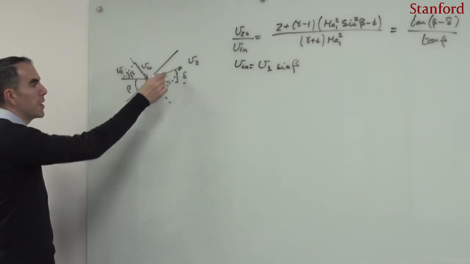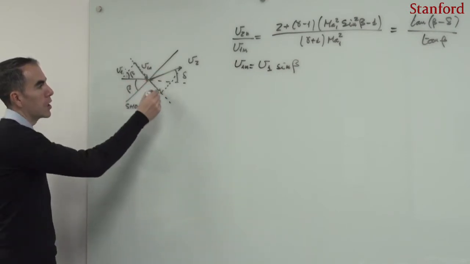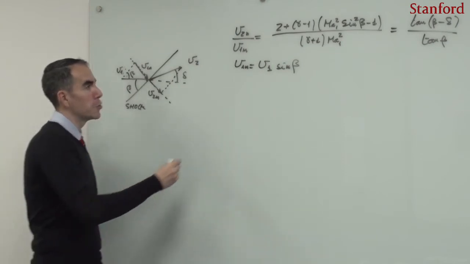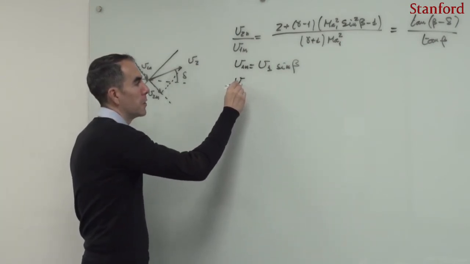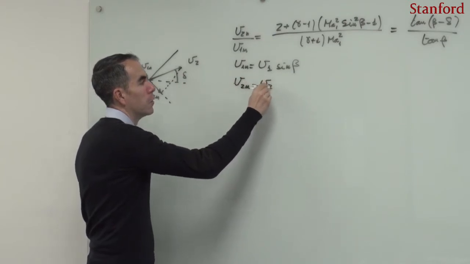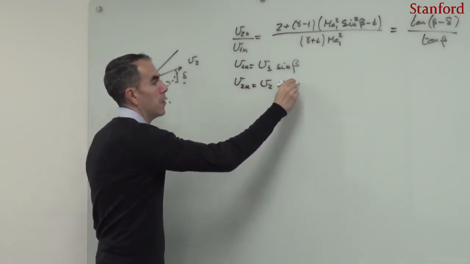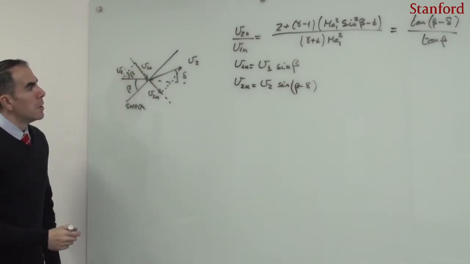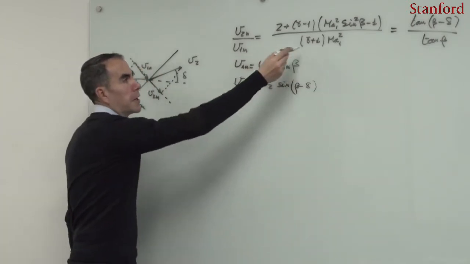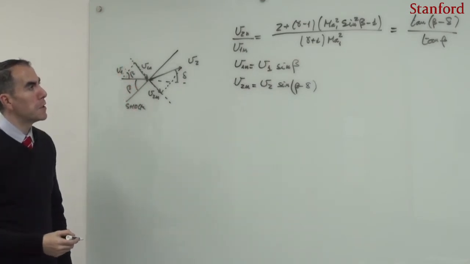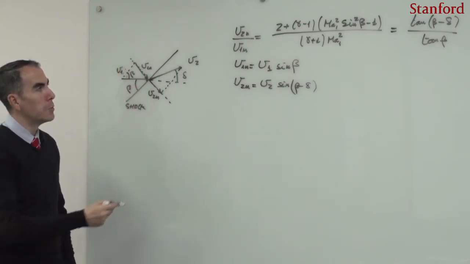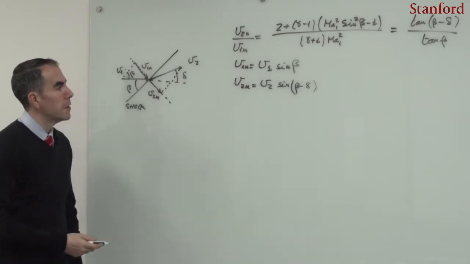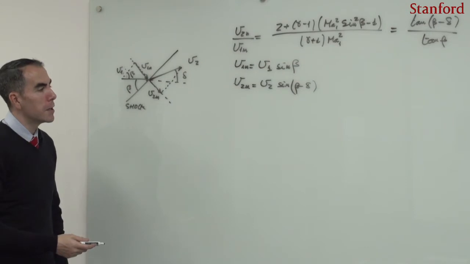One can also do the same here and construct a relation between the post-shock velocity and its normal component, which is u2n equal to u2 multiplied by the sine of beta minus delta. One can take the hypersonic limit in these expressions and obtain simplified equations like the ones that we outlined in the last discussion.